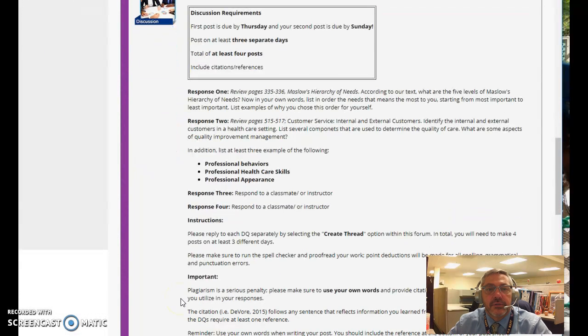Okay, so for your discussion post this week, for the first response, you're to review pages 335 through 336. And this talks about Maslow's hierarchy of needs. And according to our text, they want you to list what are the 5 levels that Maslow has listed.